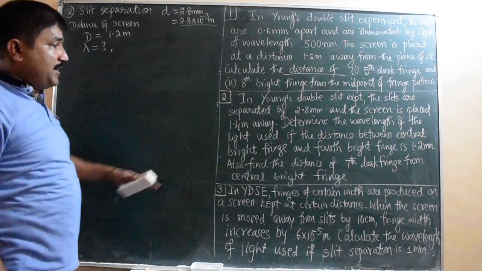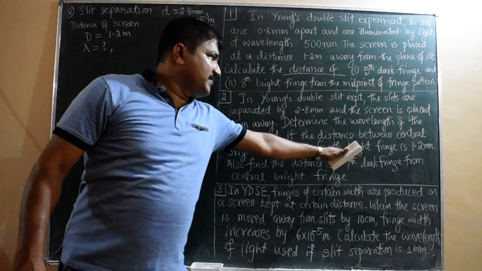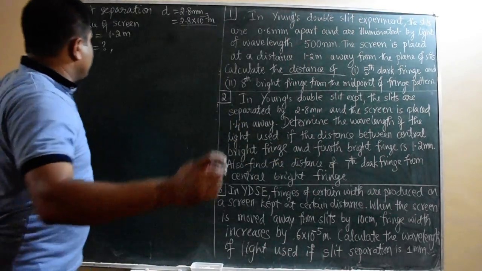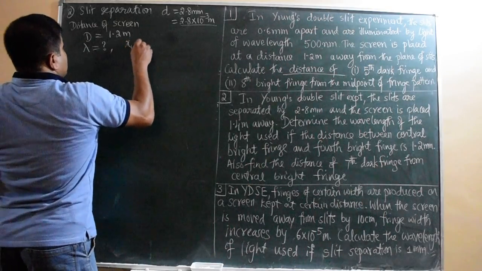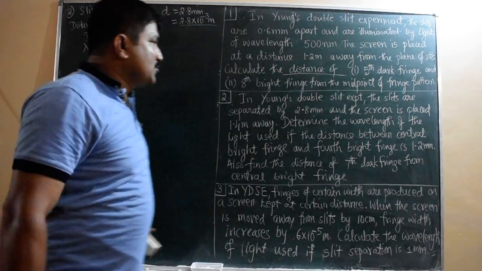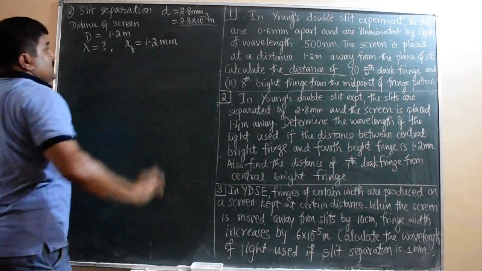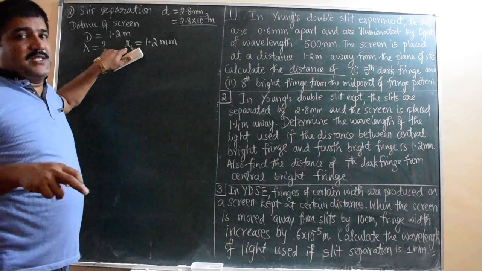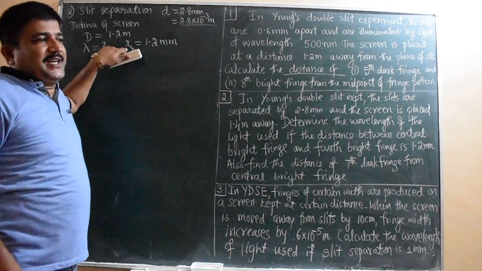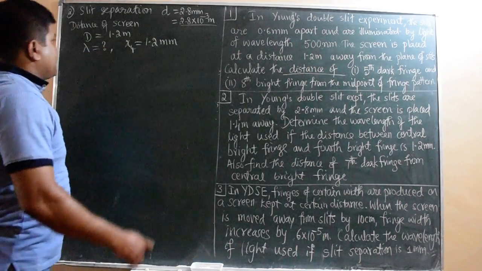Then the distance of the central bright fringe from the fourth bright fringe, that means x4, is given, that is 1.2 millimeter. X stands for the distance of the nth bright fringe or nth dark fringe from the central maximum. Here we will take the bright fringe.